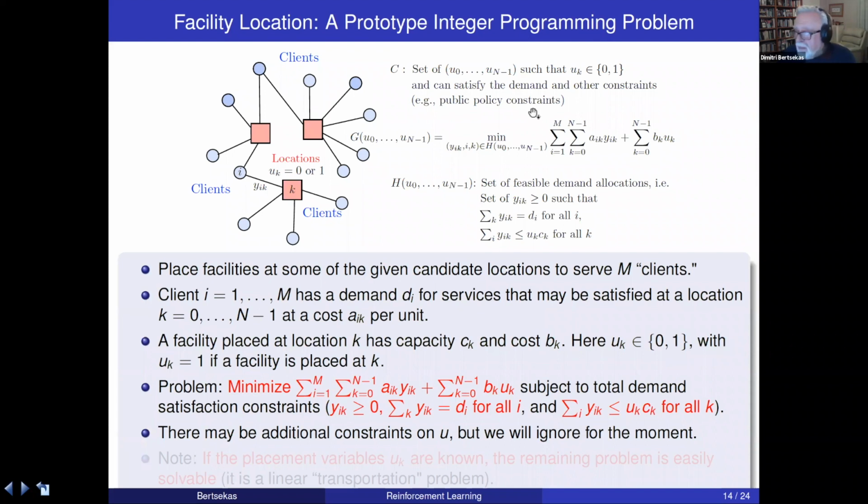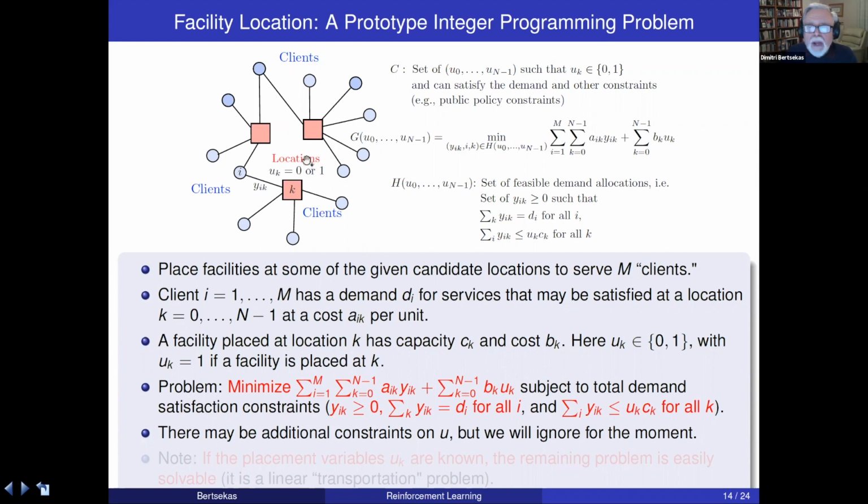I'm not sure. Did I hear someone? Zoning constraints that say that within a certain geographic region, you cannot build any facilities, or you can build only one facility and no more.